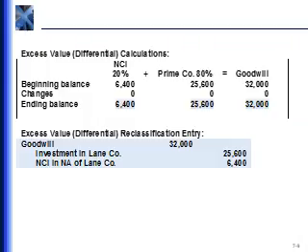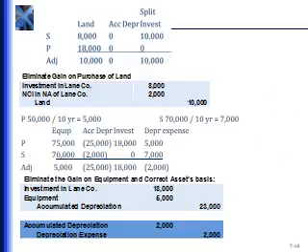Here's our excess, so 32,000 goodwill gets split. There's no income statement activity, it's balance sheet activity, so 32,000 to goodwill. Investment account is 25,600. Non-controlling interest in net assets is 6,400. So this is our letter B.